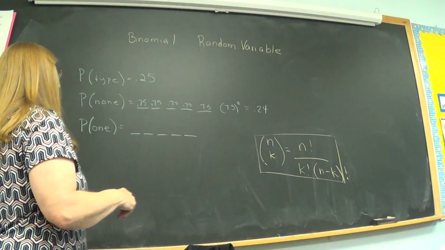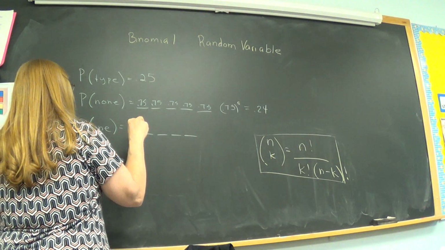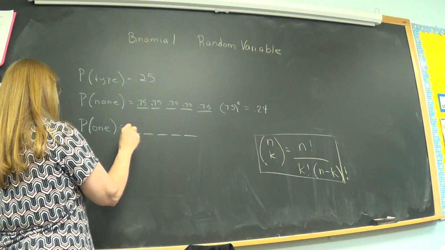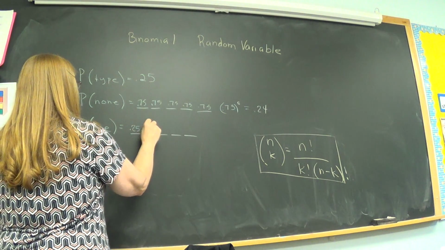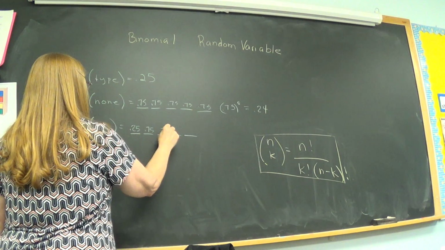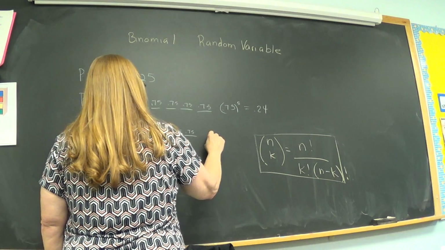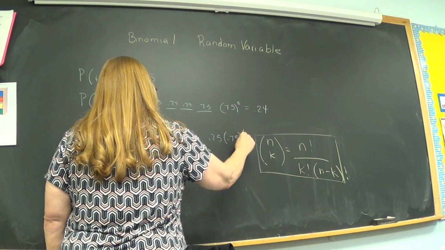We're just trying to derive that formula now. So what's the probability of the first one born being type O, 0.25, and the second one not, 0.75, and 0.75, 0.75, 0.75? That ends up being 0.25 times 0.75 to the 4.